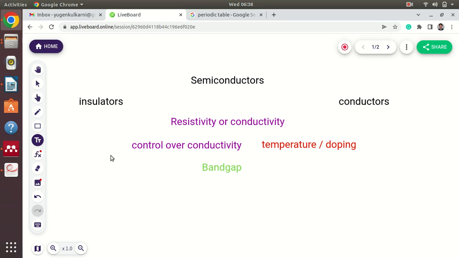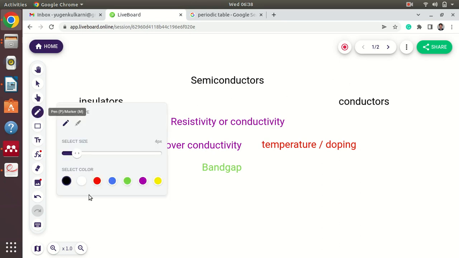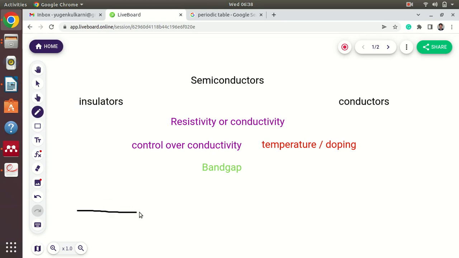So I will try to plot here. Suppose this is a valence shell and this is a valence band. In this region there are the electrons. This whole width is the valence band. I will name this the valence band.